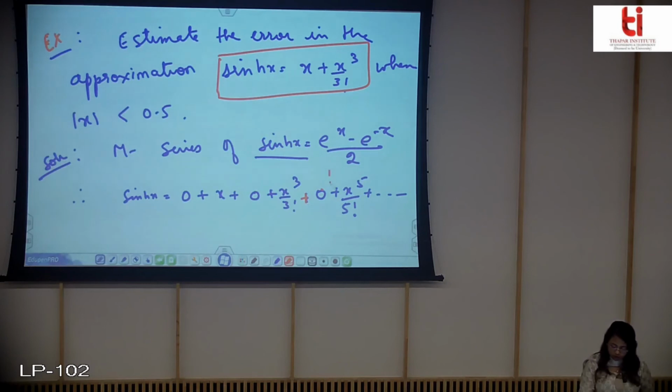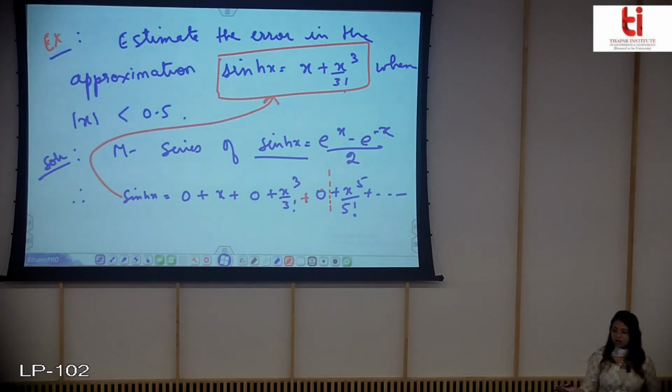You will cut your series over here and you can see that the result is the same. If you cut here the result is x plus x cube by 3 factorial, and if you cut your polynomial here, you will also get the same. So we will consider up to this which is of higher order.